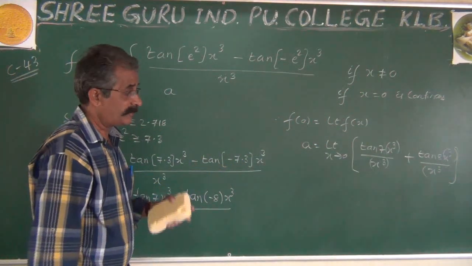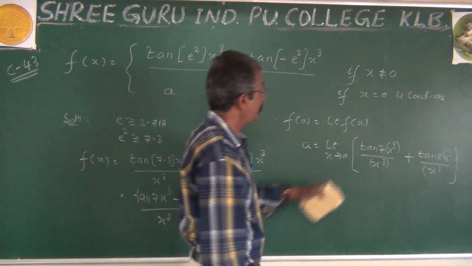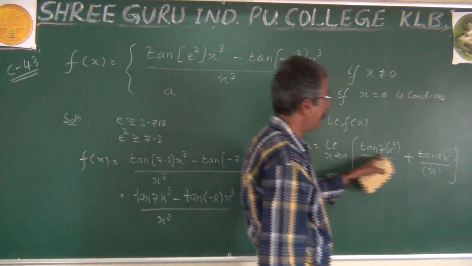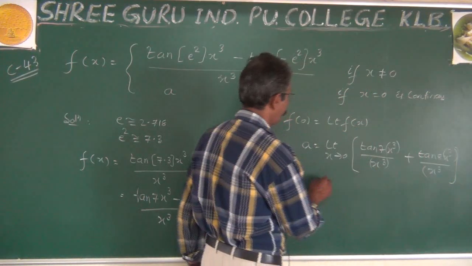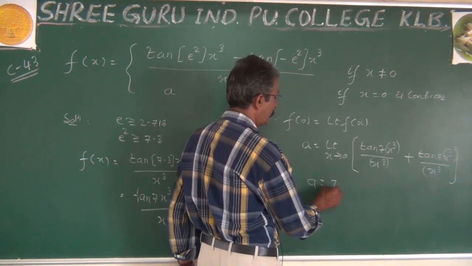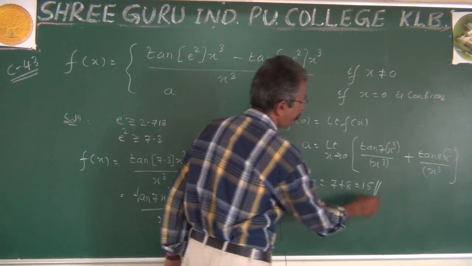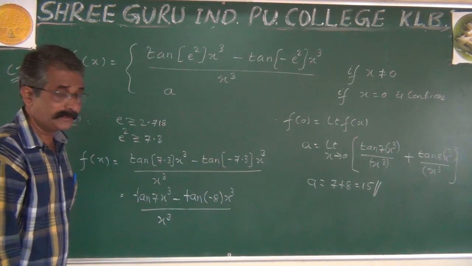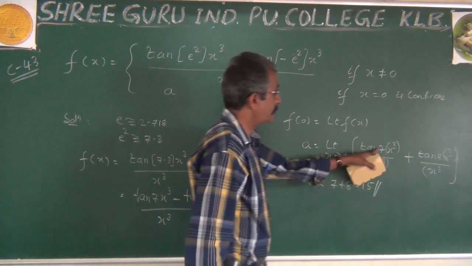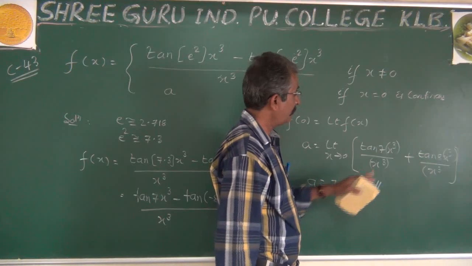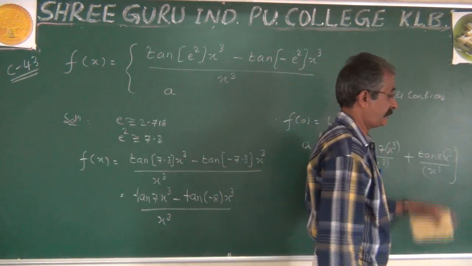Let's apply the standard shortcut method. By the shortcut method, the limit of tan mx by x is m. Here 7, here 8. So this equals 7 plus 8, or 15. Since the limit of tan m theta by theta is m, here m is 7, here m is 8.